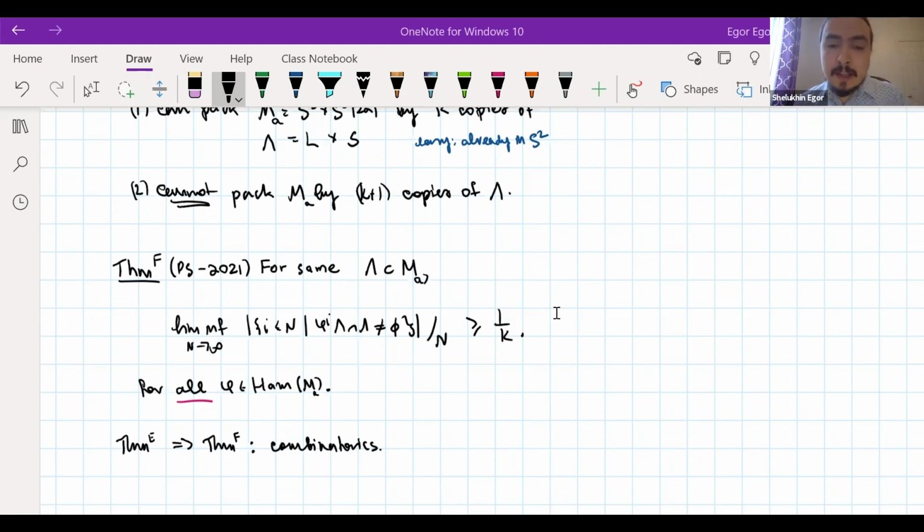That would actually be false, because let's imagine that L can be packed 3 times at least. Then you have L, phi1(L), phi2(L), but then you can have phi3 equal to phi1. So it's going to be phi1, phi2, phi1, phi2, and it's never going to intersect the initial one. So that version just doesn't work.